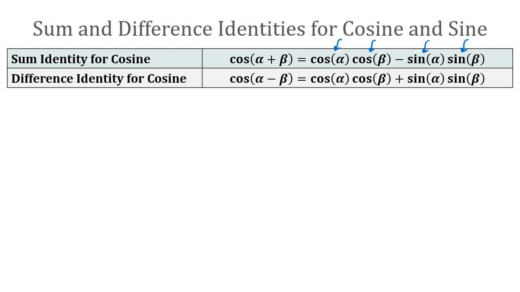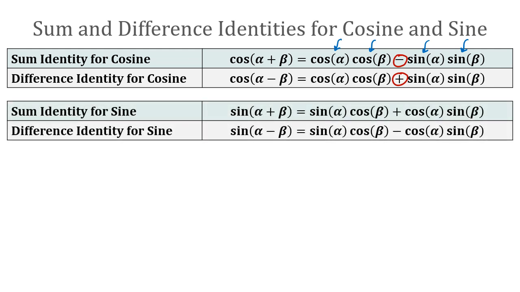For the difference identity for cosine, it's the same exact thing, only in the middle, instead of a minus, we now have a plus. For sine, the sum identity says that the sine of the sum of two angles is equal to the sine of the first angle times the cosine of the second angle plus the cosine of the first angle times the sine of the second angle.